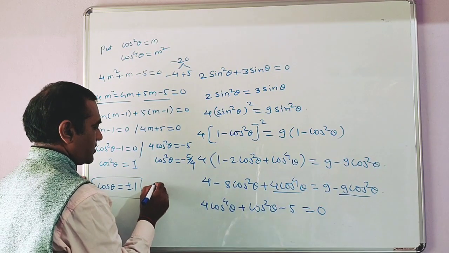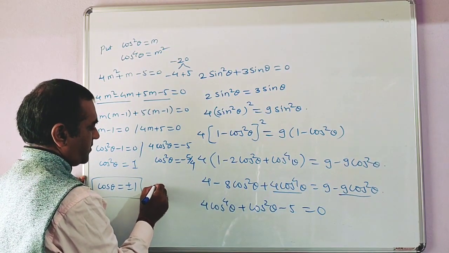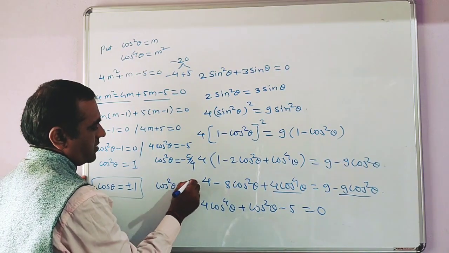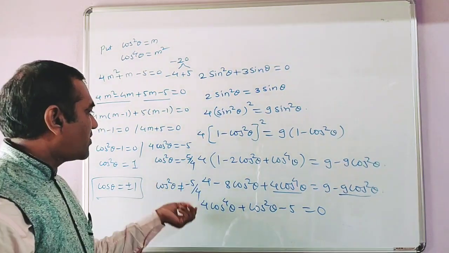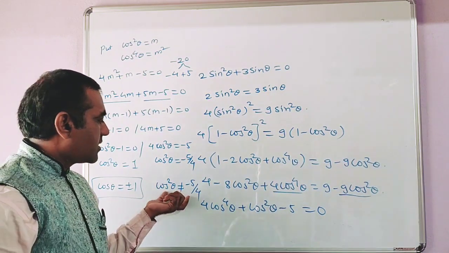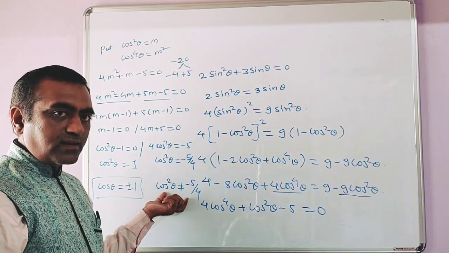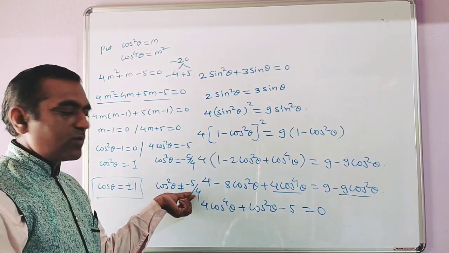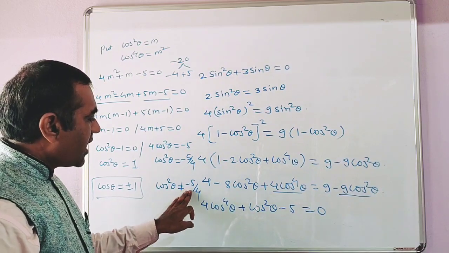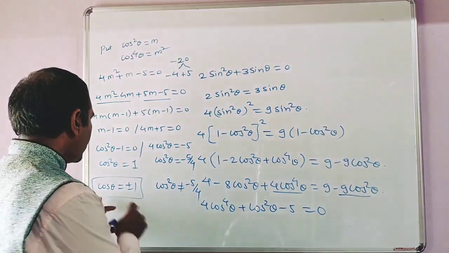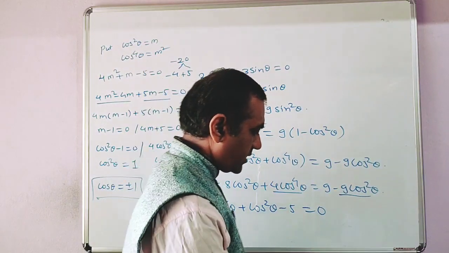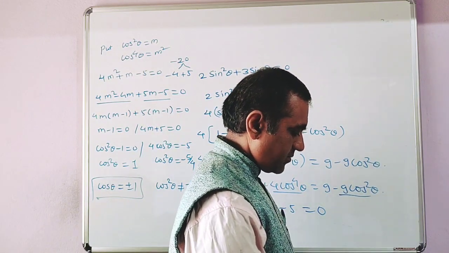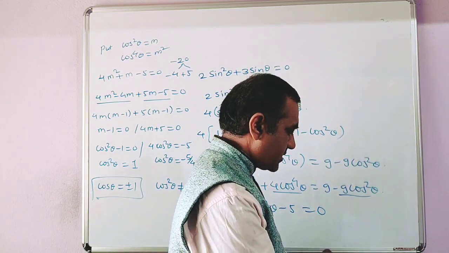Cos square theta can never be minus 5 by 4, because nothing has a square which is negative. That means this is an imaginary number. Therefore the answer will be cos theta is equal to plus or minus 1 here.